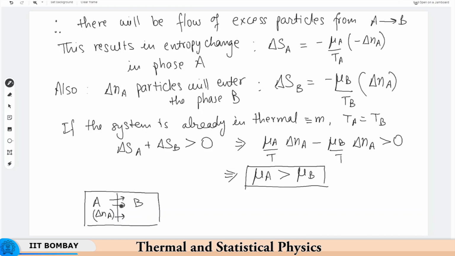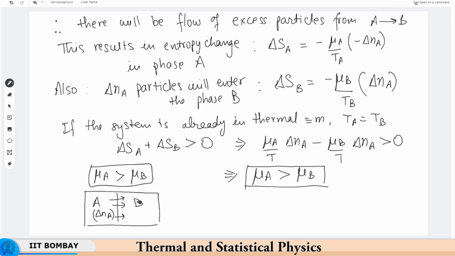What we saw is that the condition for this flow of particles is that the chemical potential in phase A has to be greater than the chemical potential in phase B.